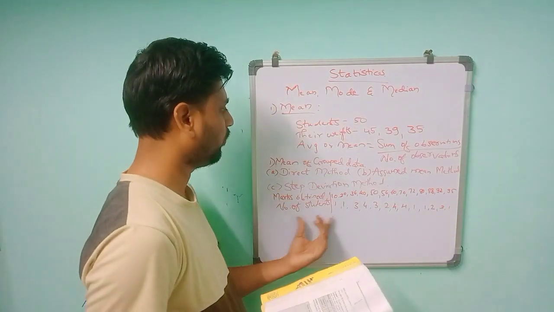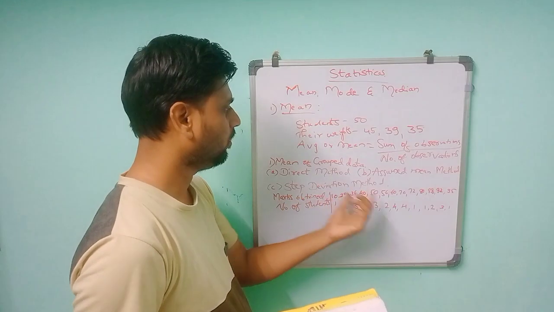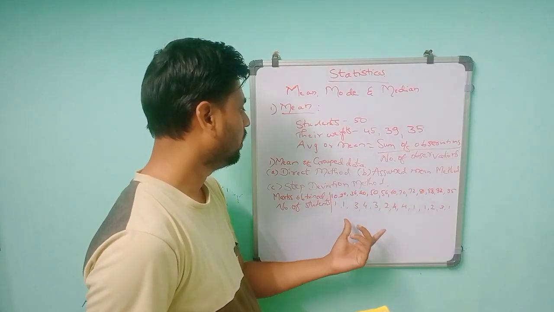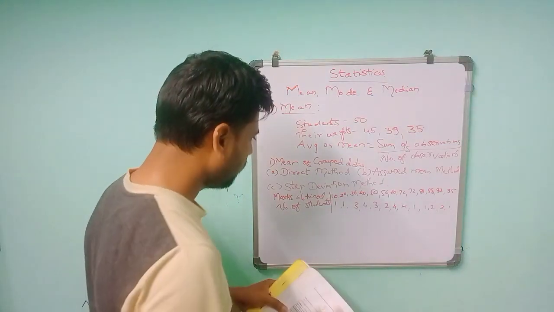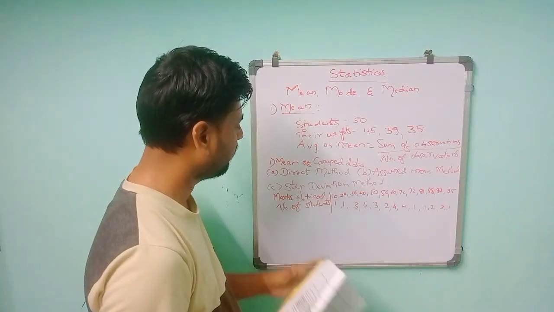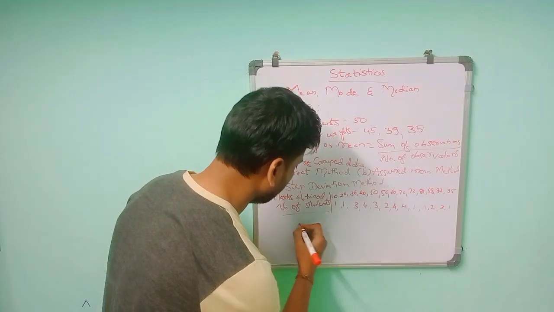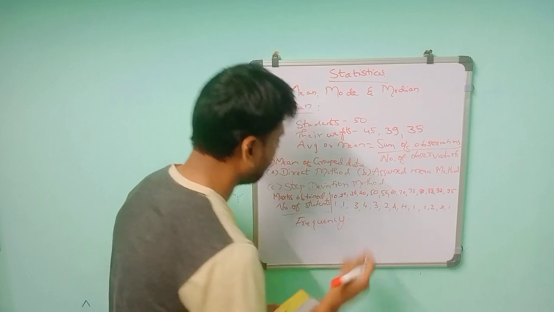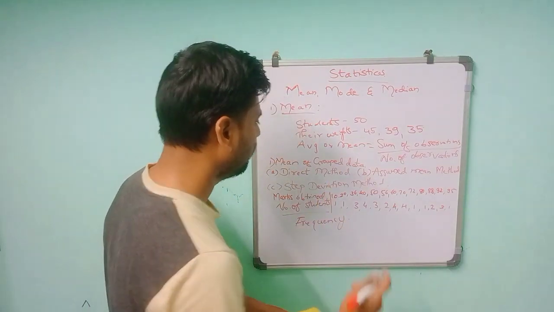This is the individual student marks, and this is the number of students. The number of students is called the frequency, and the range of marks obtained is called the class interval.